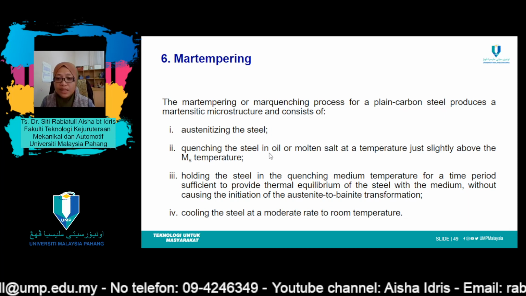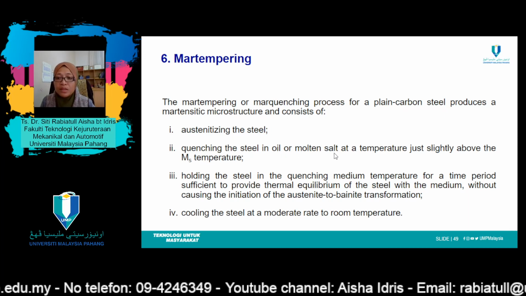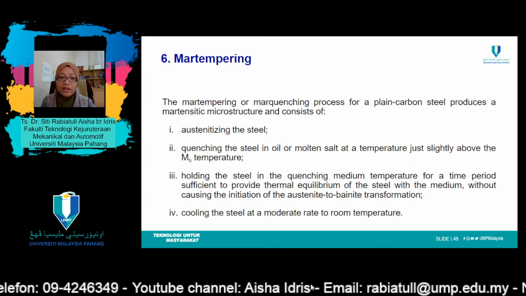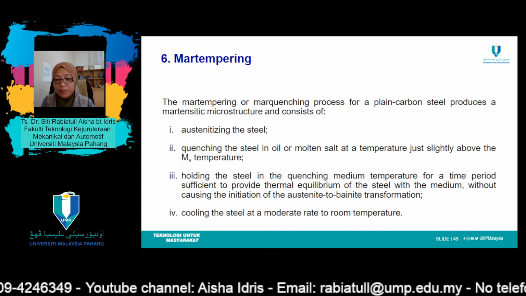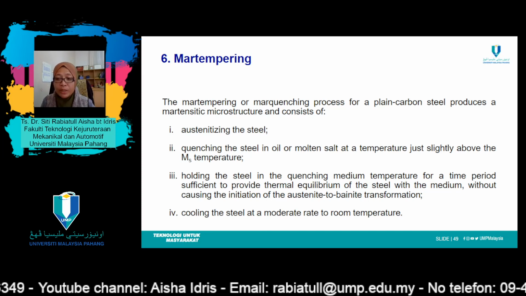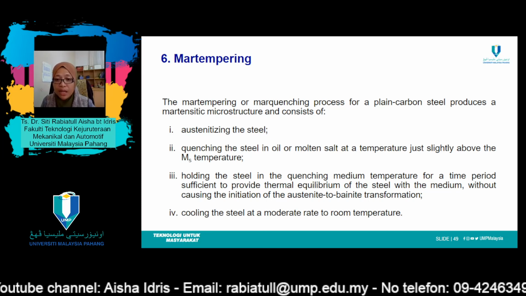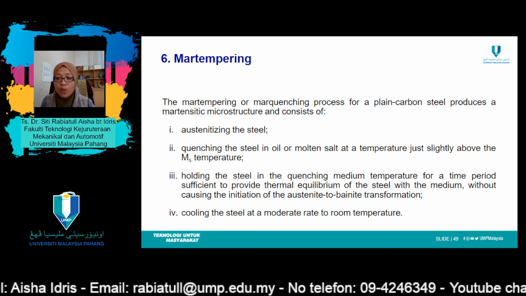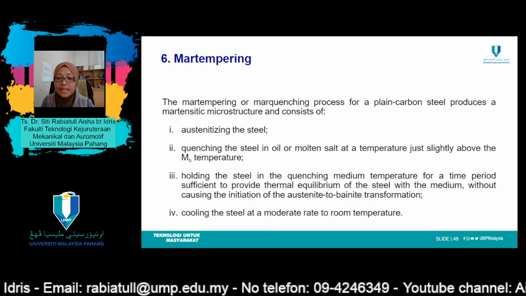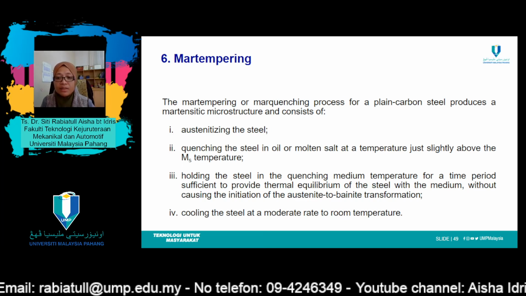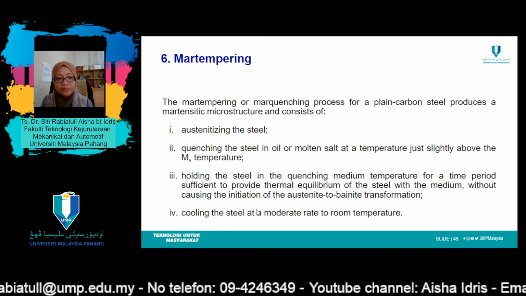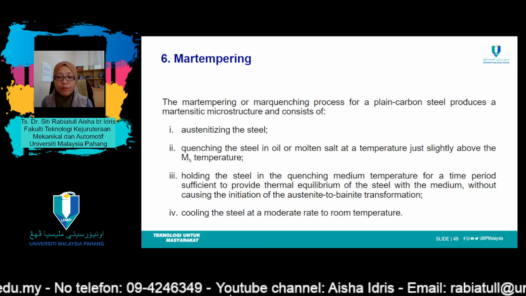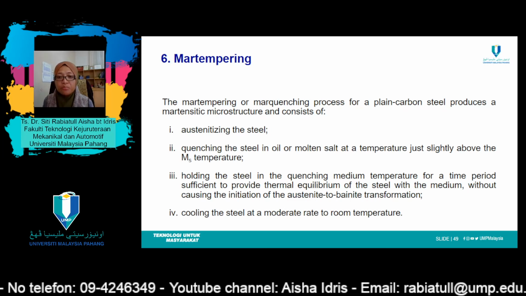Number 2, quenching the steel in oil or molten salt at a temperature just slightly above the martensite start temperature, Ms. Number 3, holding the steel in the quenching medium temperature for a time period sufficient to provide thermal equilibrium of the steel with the medium without causing the initiation of the austenite to bainite transformation. And number 4, cooling the steel at a moderate rate to room temperature.